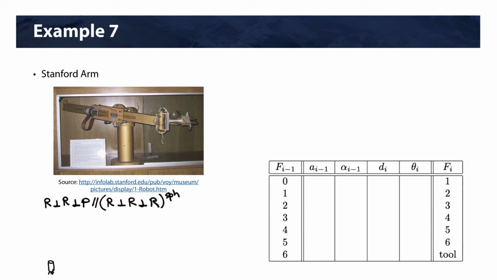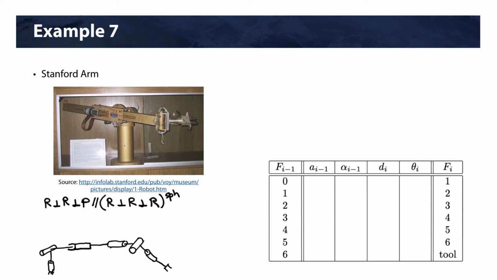There's our first joint. It's perpendicular to our second joint. All right, which is perpendicular to a prismatic joint, which is then parallel to joint 4. And then this is our spherical wrist here. And then we have our tool.